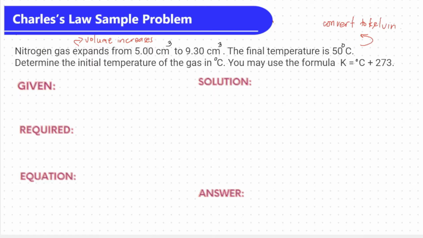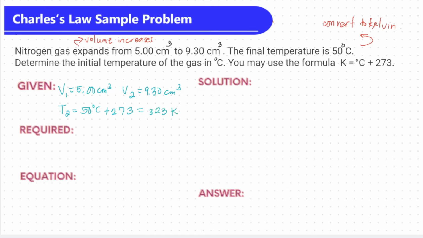So, our V1 is 5 cubic centimeters, V2, 9.30 cubic centimeters, and our T2 is 50 degrees Celsius plus 273. 50 plus 273, kahit nga i-mental calculate nyo lang yan, kaya na yan, 323 Kelvin.